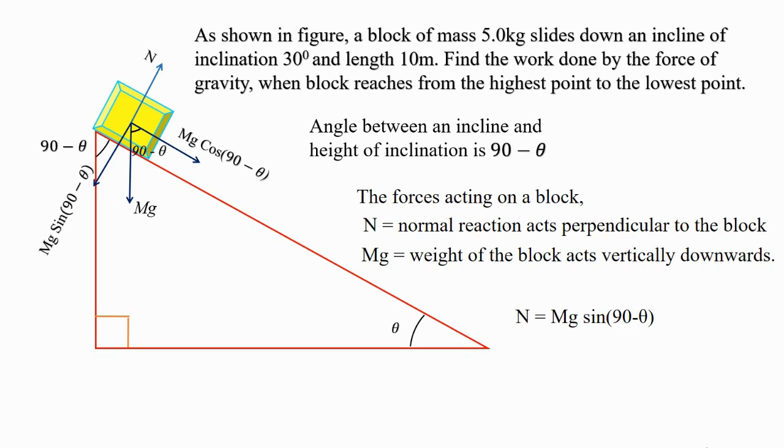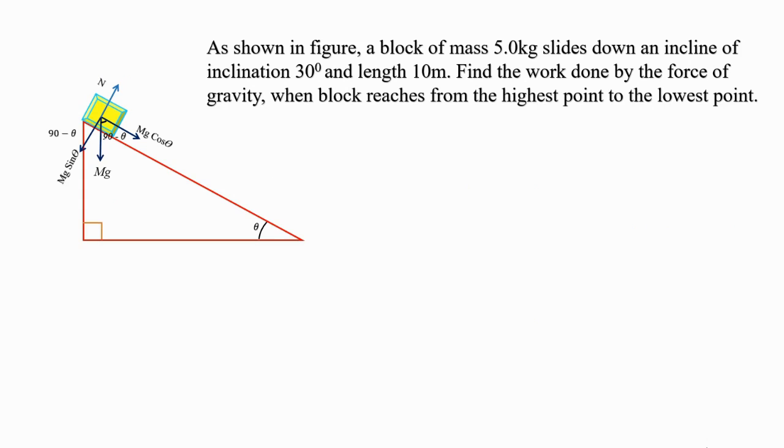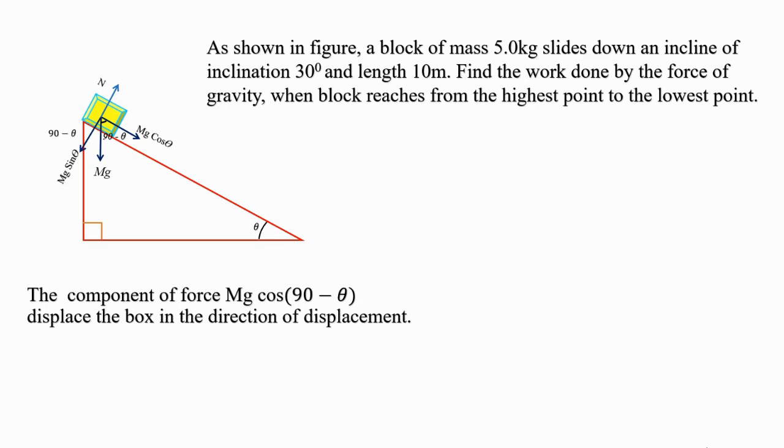Therefore, according to Newton's first law, the unbalanced component mg cos 90 minus theta produces displacement of the block from the highest point to the lowest point. The component of force mg cos 90 minus theta displaces the box in the direction of displacement. Cos 90 minus theta equal to sin theta. Formula W is equal to mg sin theta into S.